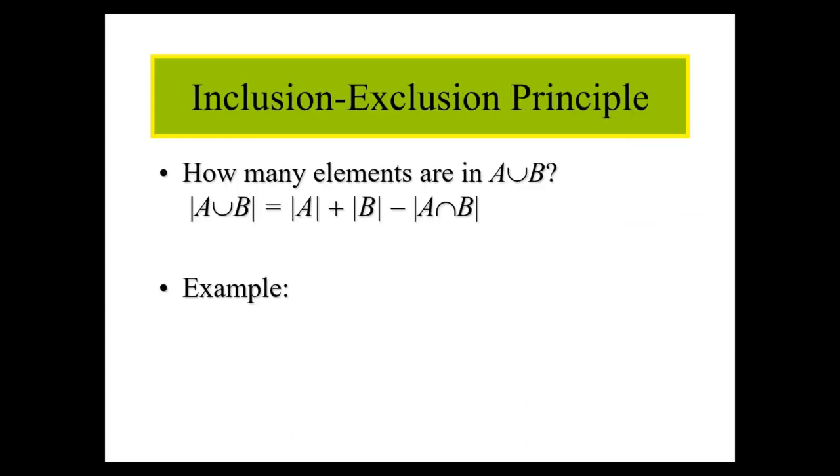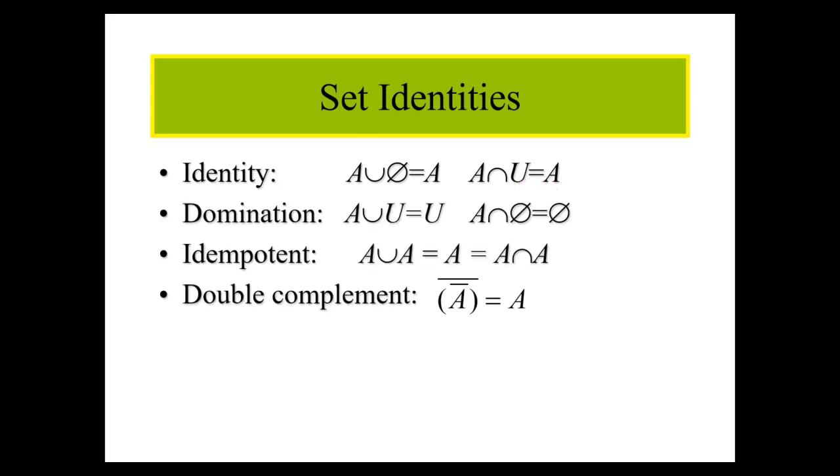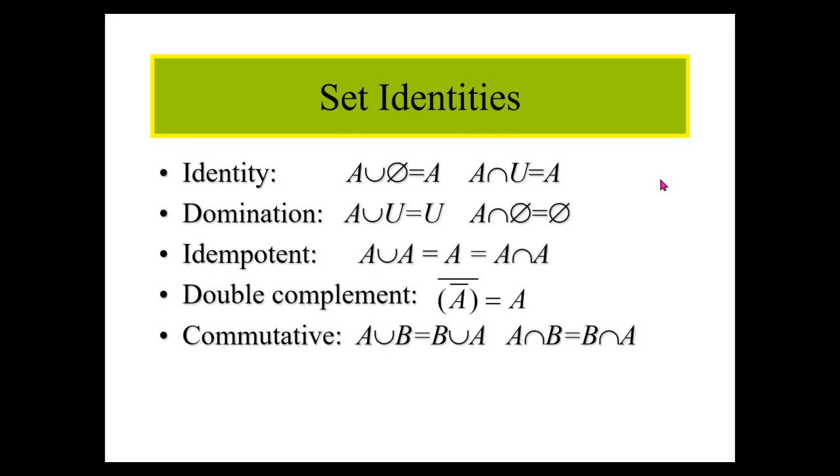I will give some set identities here. A union null set gives A only. A intersection with the universal set gives A only. You can take a screenshot of it; you probably already know all these.